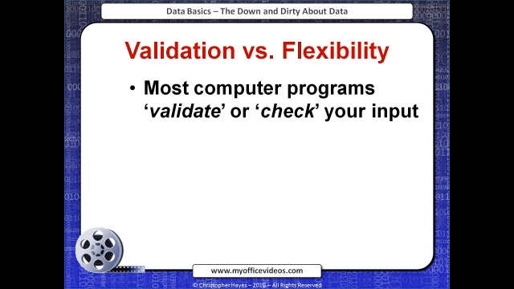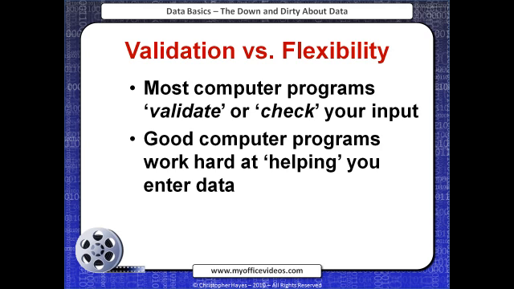Most computer programs check what you put into them. If you go on the web, you'll notice that they have places for you to input text or dates or pictures, etc. And usually those controls are specifically designed to make sure that only the kind of information that they want to get is the information that they get. This is called validation.